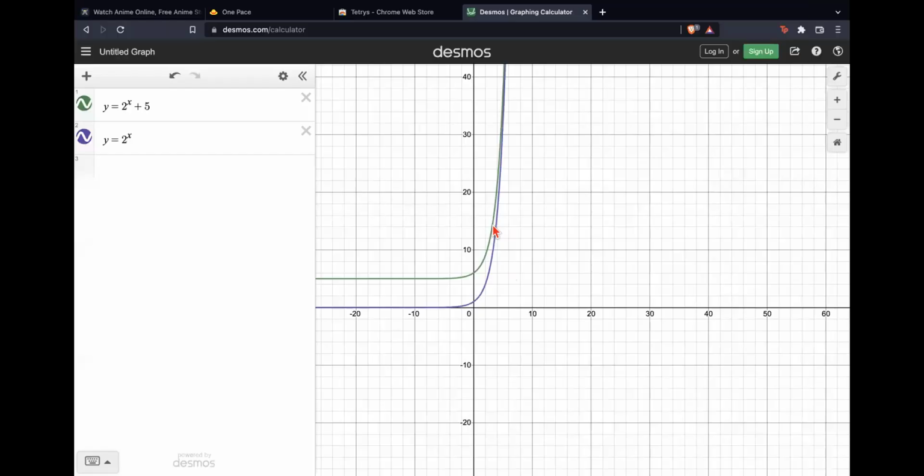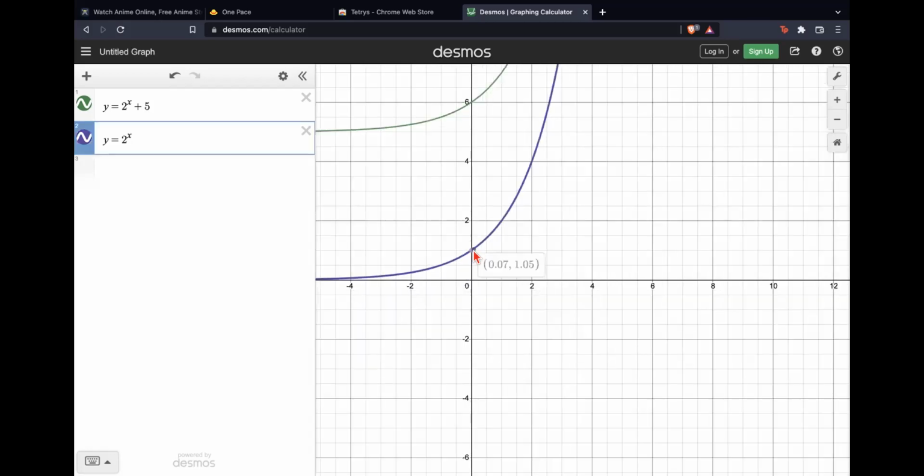Yeah. Got it now? क्या करना है? Check the point where it is cutting the x-axis, y-axis, Arya. Wait, which one? Check what is the point there. The purple one or the? Both.